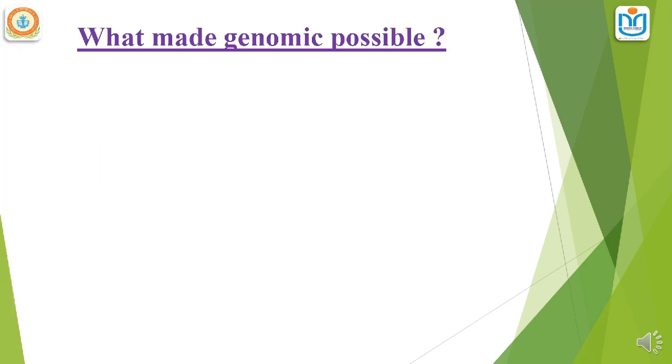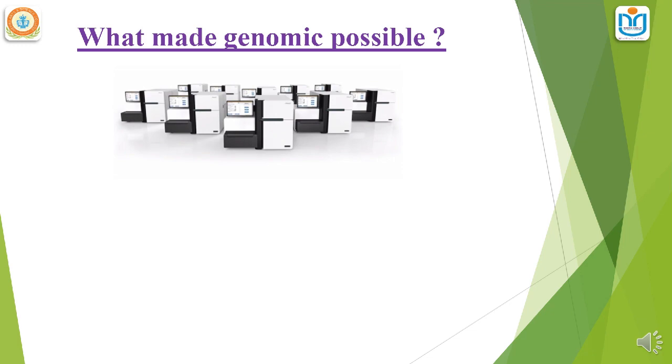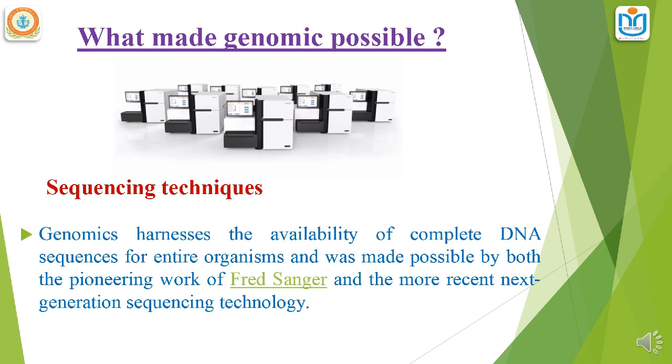What made genomics possible? The answer is DNA sequencing techniques, thanks to scientist Fred Sanger, who developed this technique. In order to understand genomics, we had to first sequence our genetic material, that is DNA.